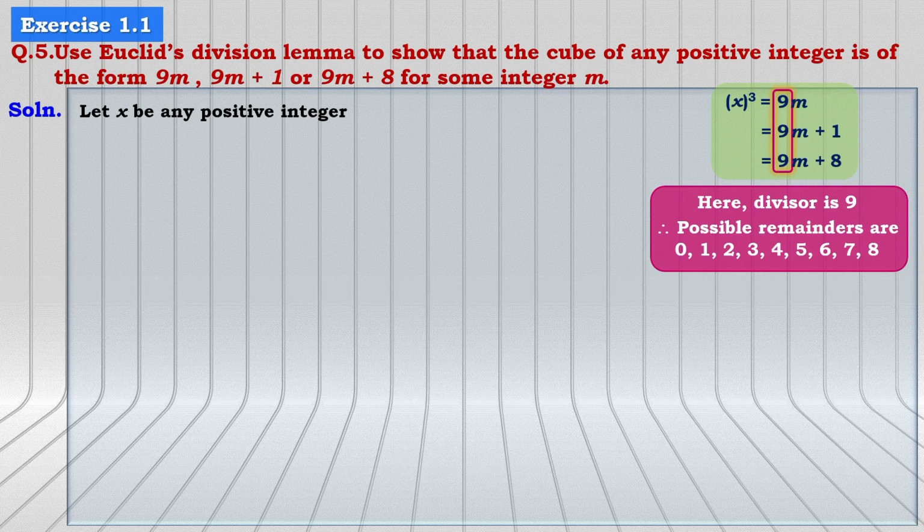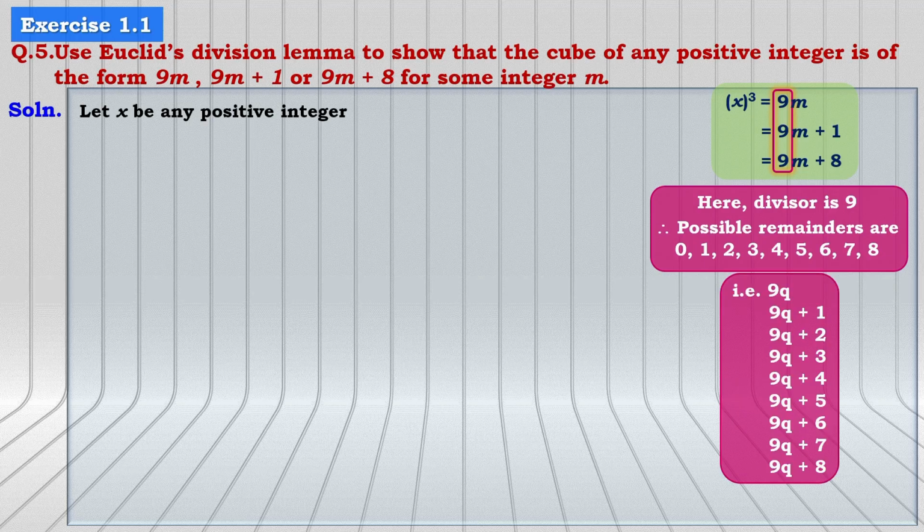So the possible remainders are 0, 1, 2, 3, 4, 5, 6, 7, 8. So we can write this in the form of 9q, 9q plus 1, 9q plus 2, 9q plus 3, 9q plus 4, 9q plus 5, 9q plus 6, 9q plus 7 and 9q plus 8.